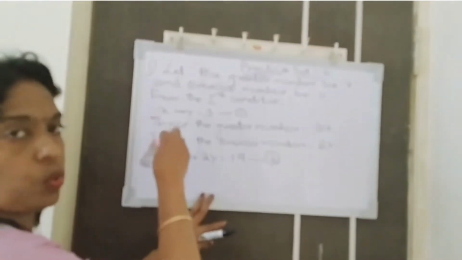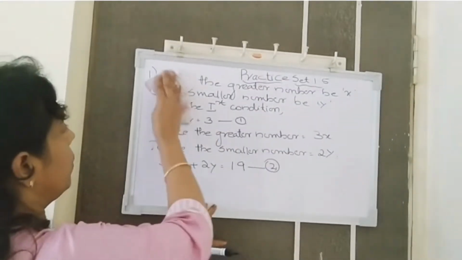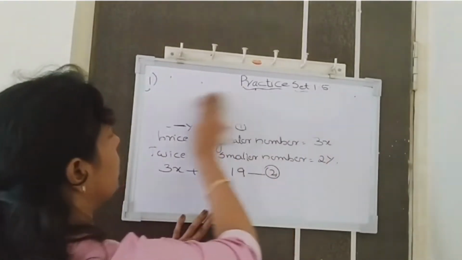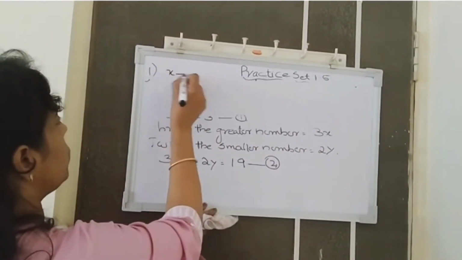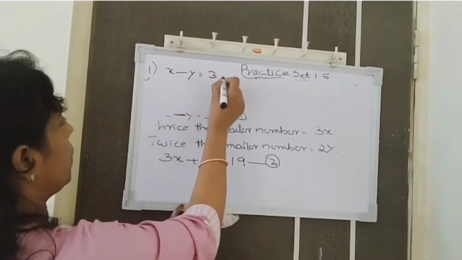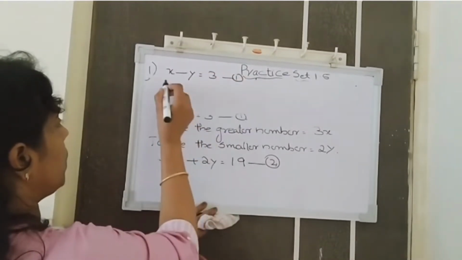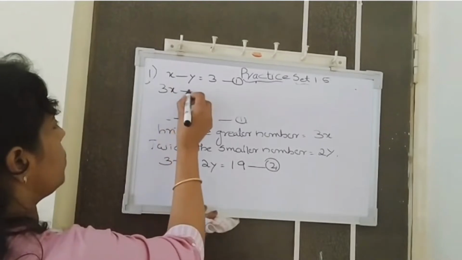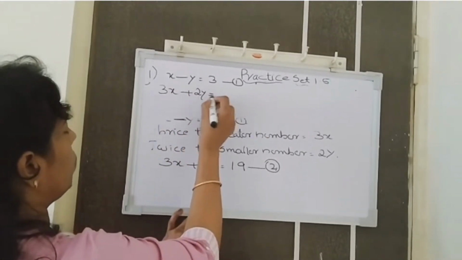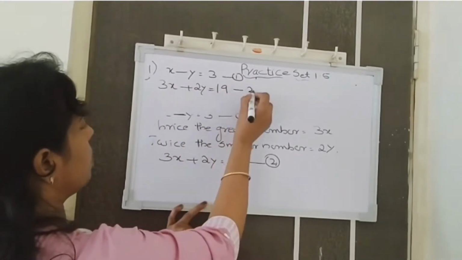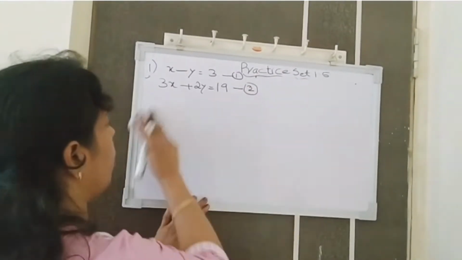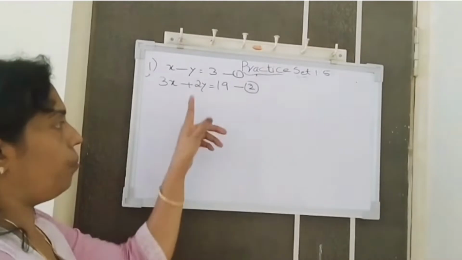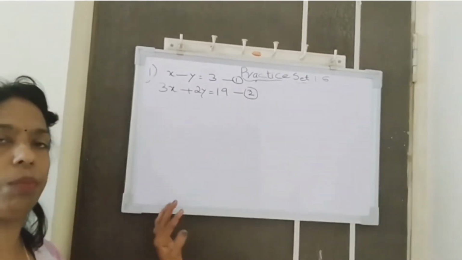First I am writing the two equations together. The first equation is x minus y equal to 3, equation 1. Second equation, 3x plus 2y is equal to 19. Then to find the values of x and y, you can use the elimination method or any method.